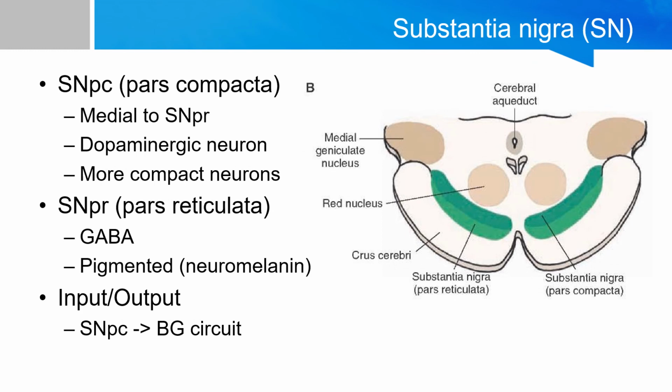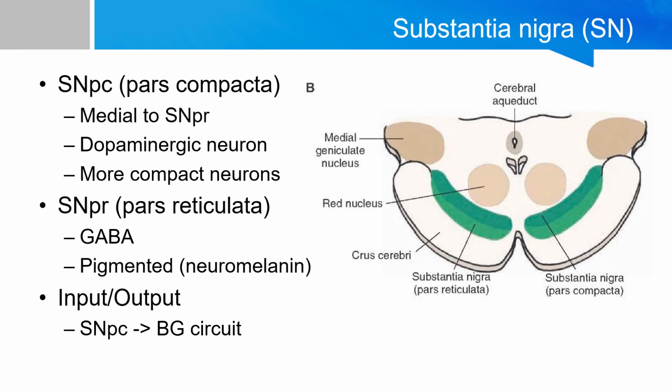And just briefly on the substantia nigra, we'll have more on this topic in the brainstem videos. The substantia nigra is separated into two components, namely the substantia nigra pars compacta and the substantia nigra pars reticulata.